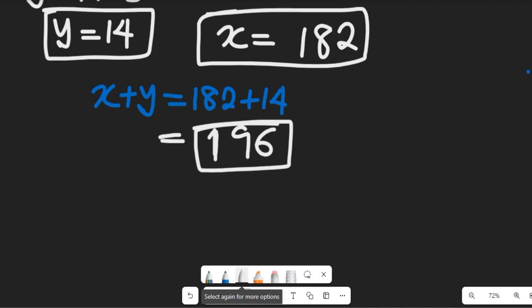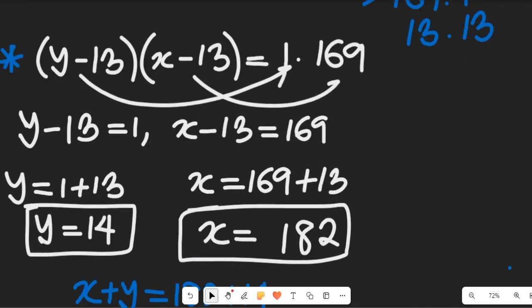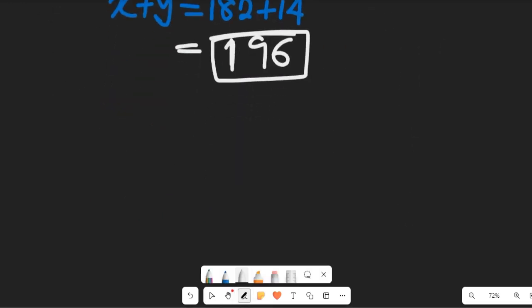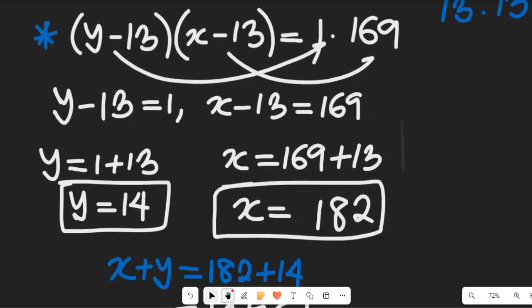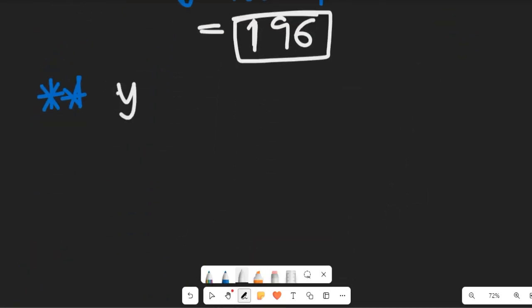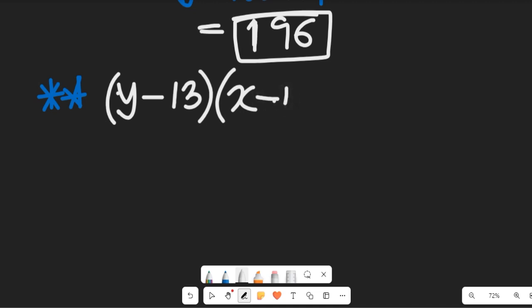Now let's consider the second case. In the second case, what do we have? We have 169 multiplying 1, which is definitely going to give us the same thing, 169. In case 2, we'll have (y minus 13) multiplying (x minus 13), and this will be equal to 169 multiplying 1, right?